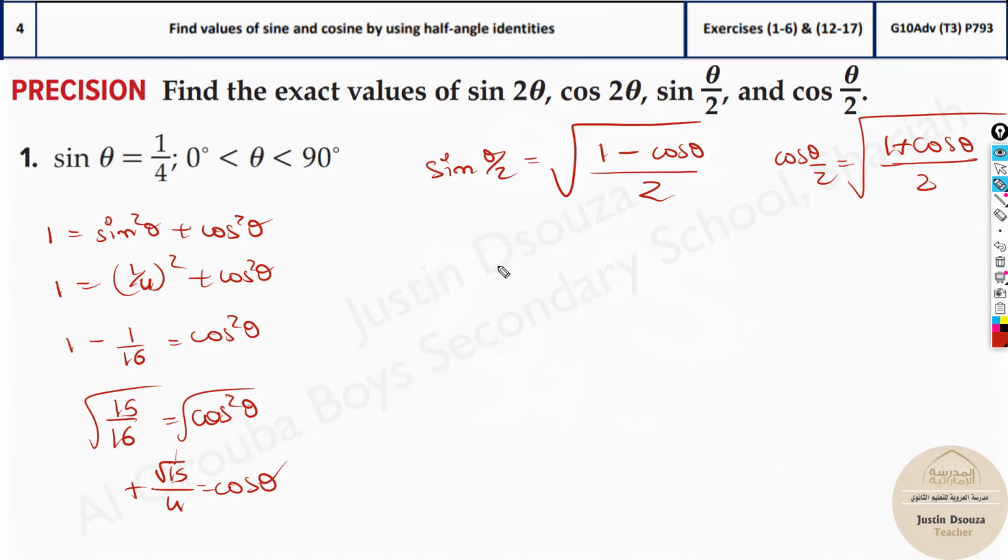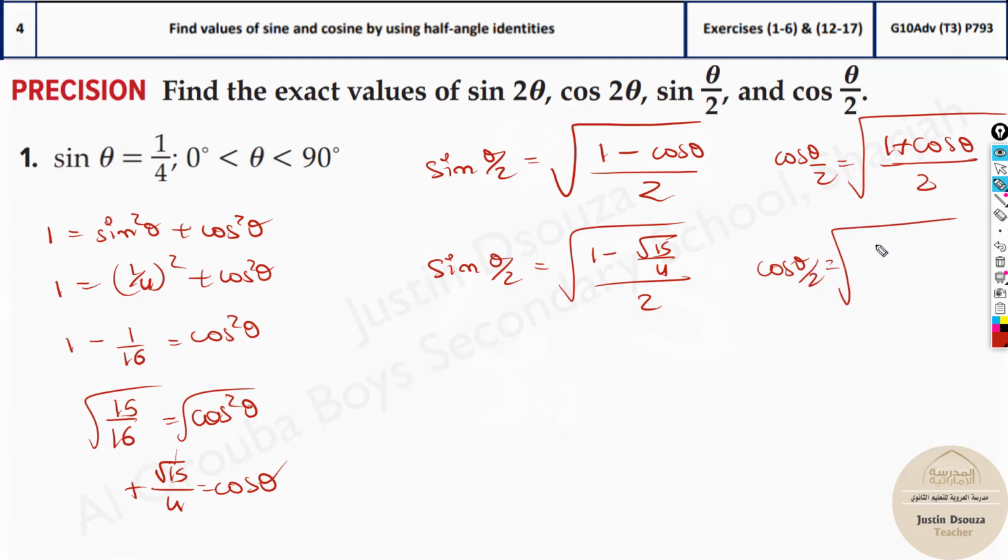Now all you do is substitute the values. Sine theta by 2 will be the root of 1 minus, what is cos theta? It is root 15 divided by 4, the whole thing divided by 2. Whereas cos theta by 2 will be the square root of 1 plus root 15 divided by 4, the whole thing divided by 2.